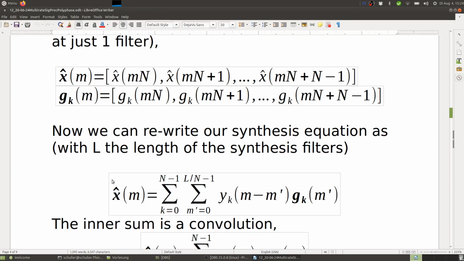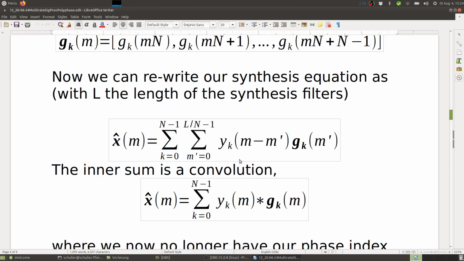So now we can rewrite our synthesis equation as the following, with capital L the length of the synthesis filter. So here we have again the sum over the subbands after the synthesis filtering and upsampling. And here we have the convolution. And now instead of having the samples individually, we have those vectors. Right? Here we have g_k, so this reproduces N samples.